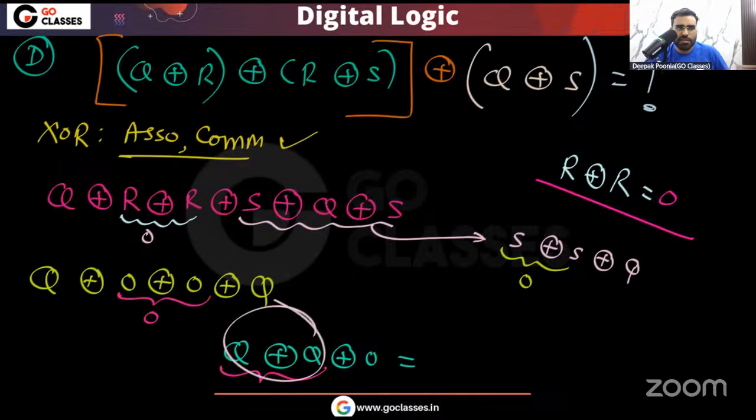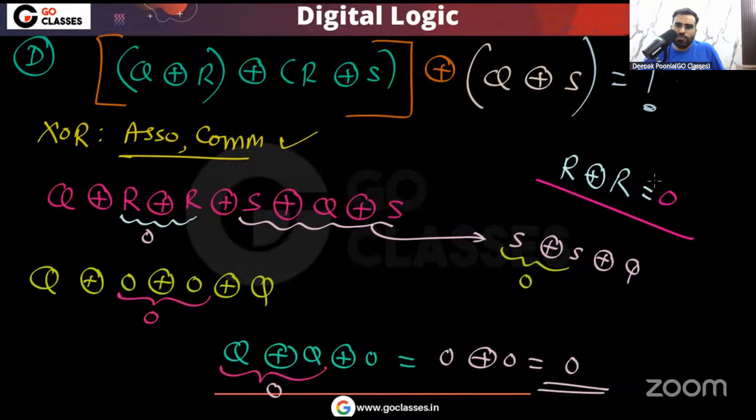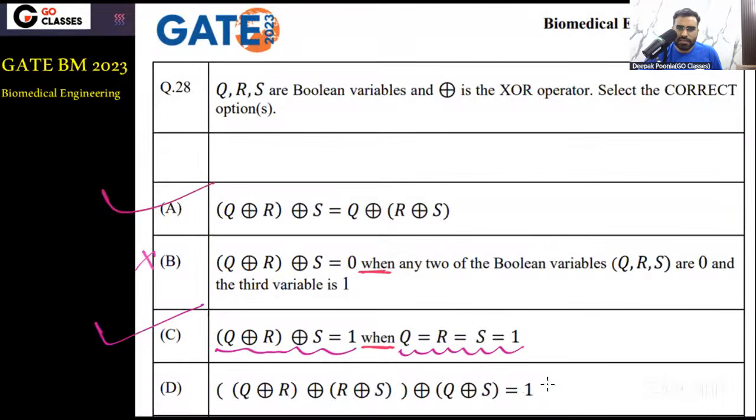Q XOR Q will be 0 because these are the same. Both will be 0 or both will be 1, so XOR will be 0. Finally I got 0 XOR 0, that is 0. So this actually will be 0. And option D is saying it is equal to 1, that is false.